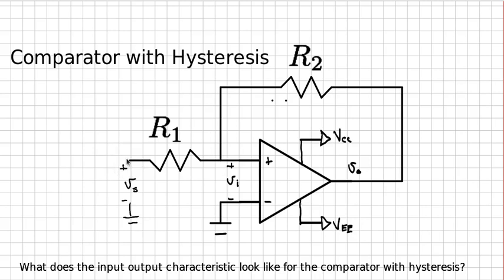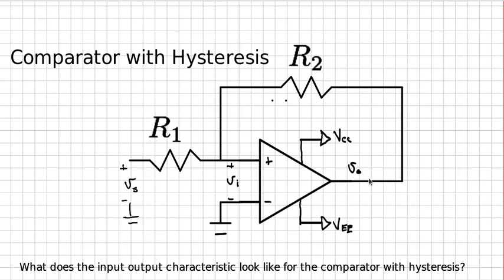So essentially now the output has some effect on when this thing will turn off and on. The Vs here is effectively fighting with V out about what the voltage at the positive terminal of the op-amp is.